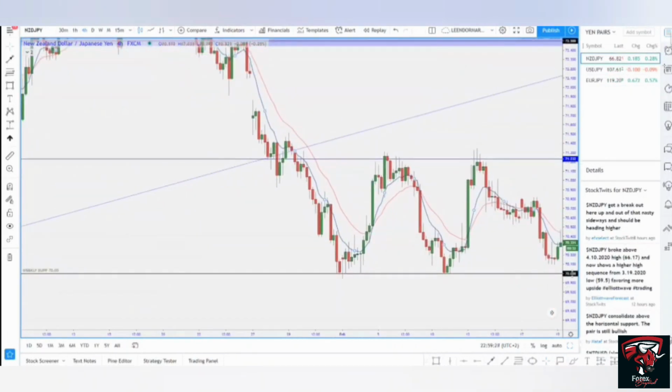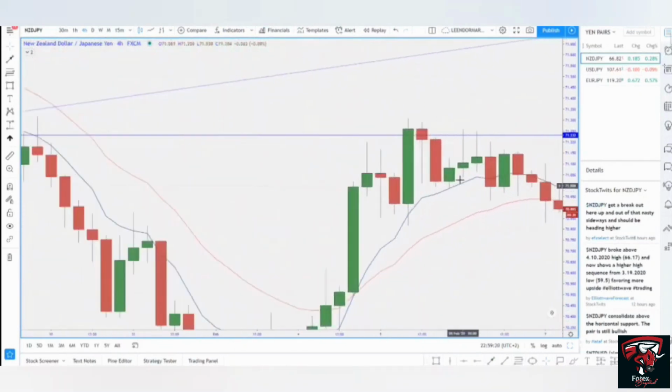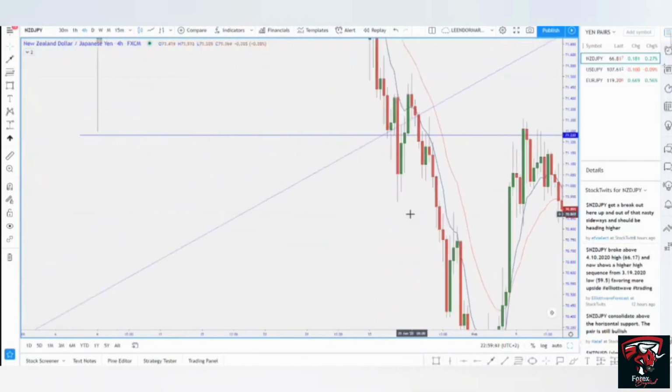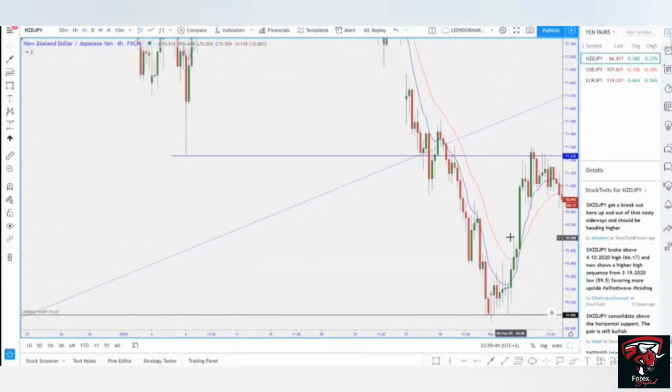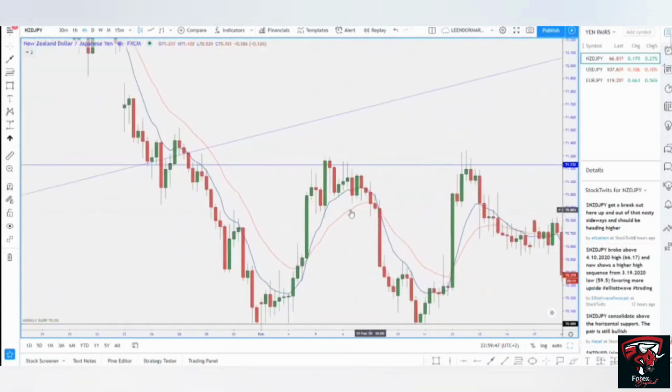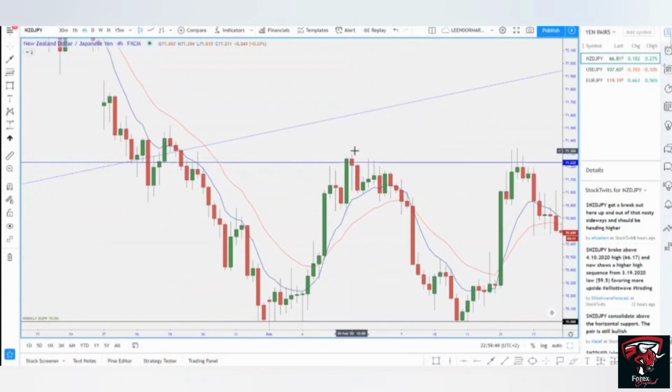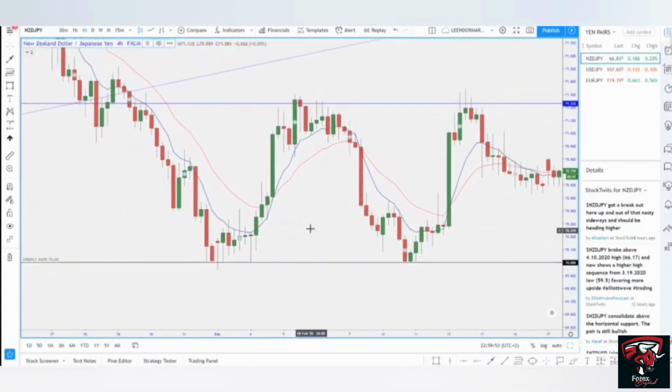So again, how would you know that the market is faking out? Obviously, we don't just take trades based on the close above the level. We wait for the market to retest and give us a clean rejection on that support level. But if we get a close below that level, then we know that that was a fake out. So we wouldn't have taken that trade, honestly, because that would have been a fake out of that level. Then the market came back below, retested that level, and started dropping to the downside. So we don't just trade.